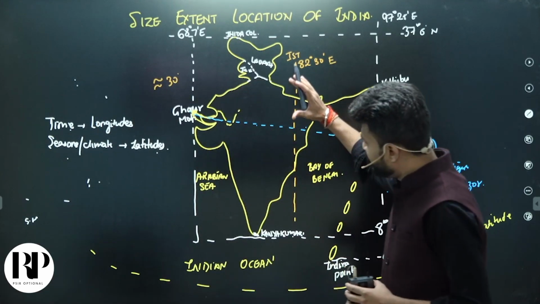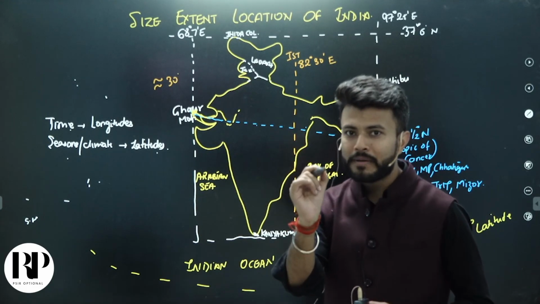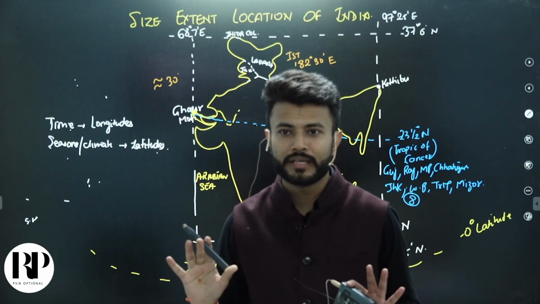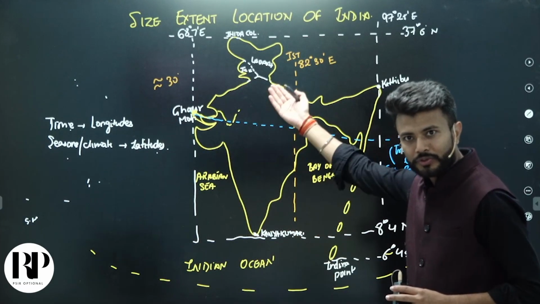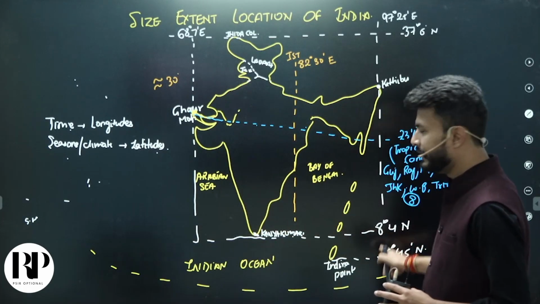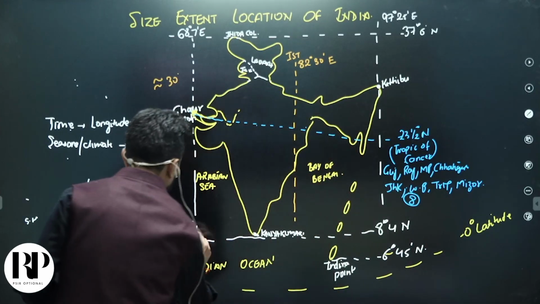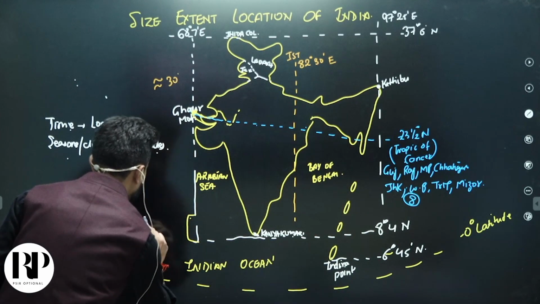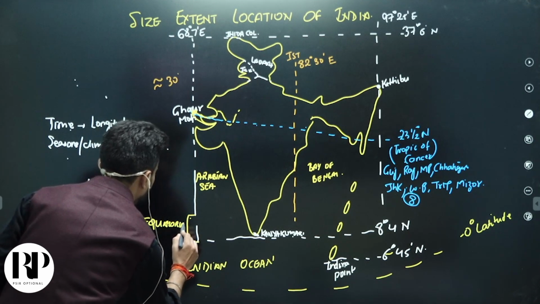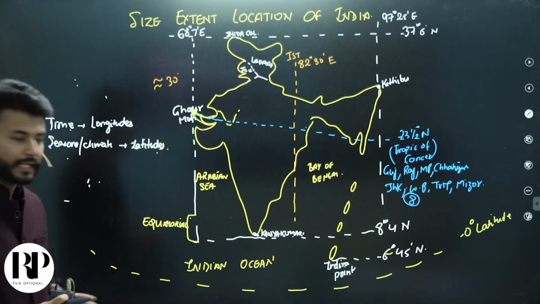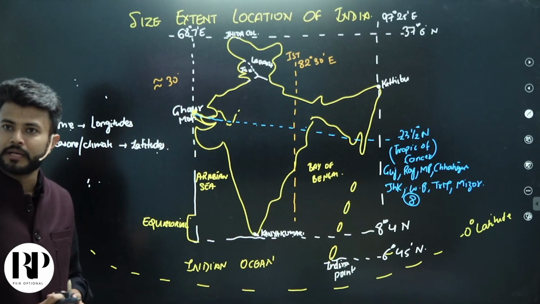If we have to see the latitudes and give names of the climatic regions to India. So see, if we are moving from south to north, India is starting around 8 degree north. That is what this particular region will be, equatorial in nature, including this portion of Andaman and Nicobar also, and the southernmost India. This is equatorial climate.